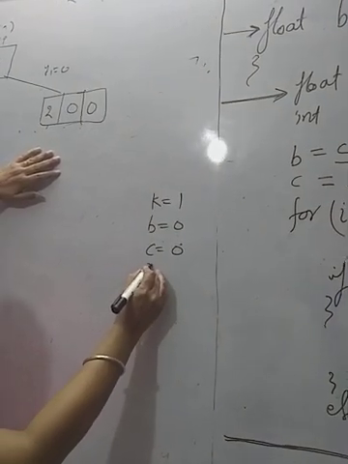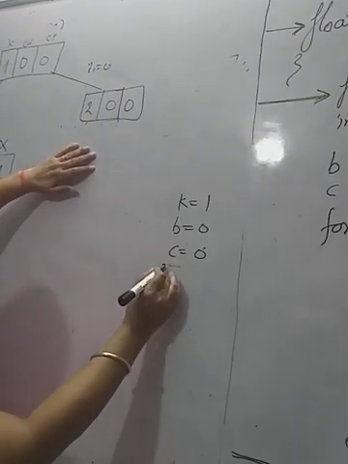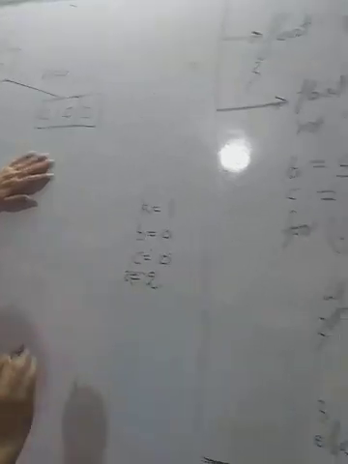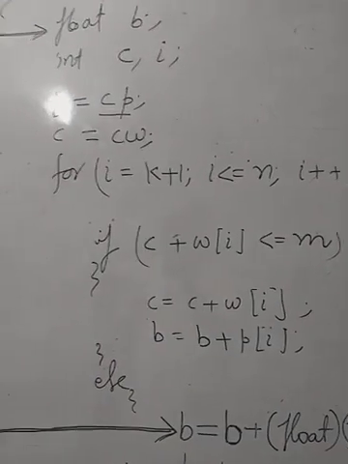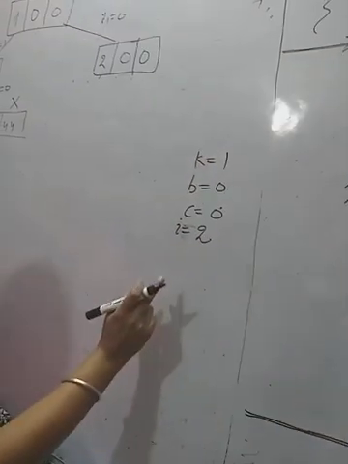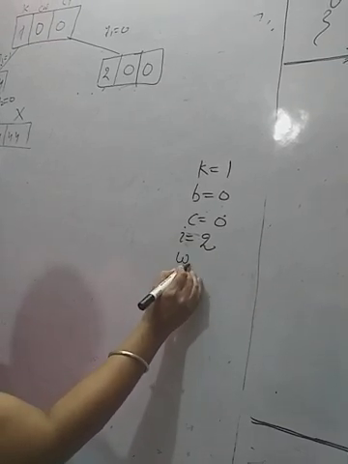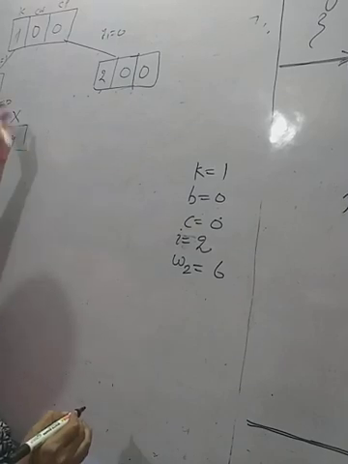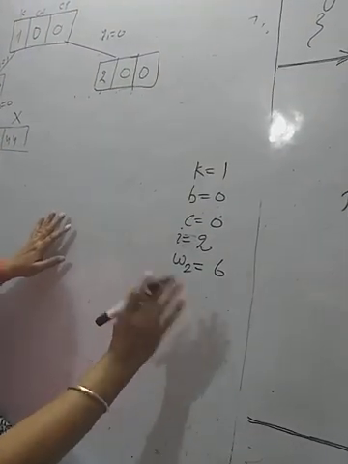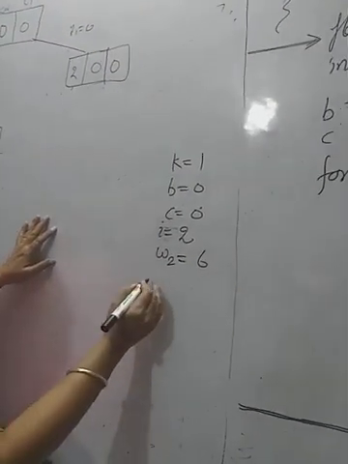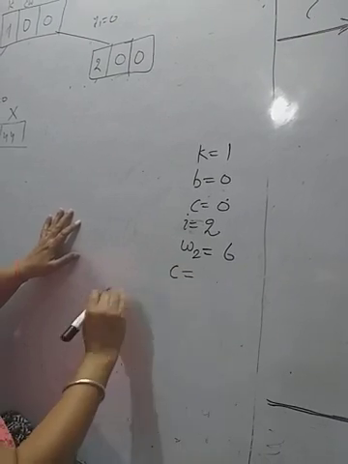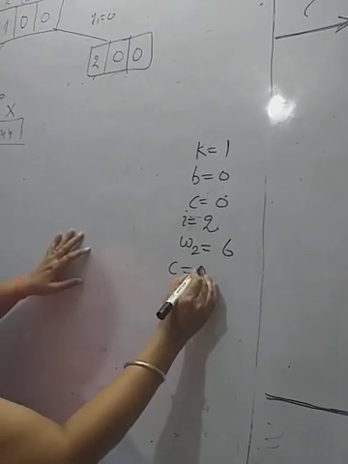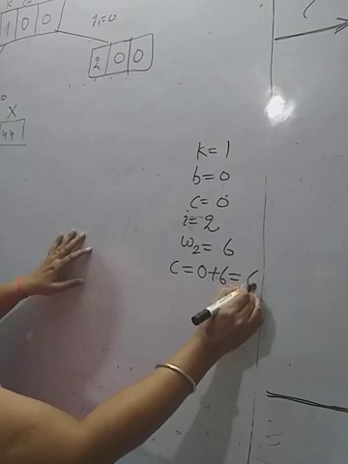First i equals 2. C plus Wi: C is 0, and 0 plus W2, W2 is 6. So 0 plus 6 is less than 14. So here the second weight can be included. So the updated weight in the knapsack is 0 plus 6 equals 6.